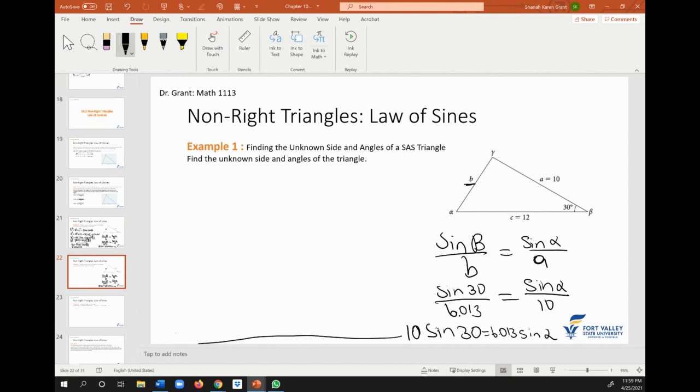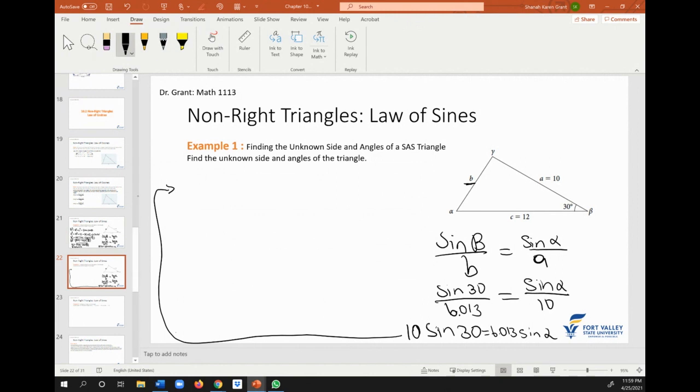Since we want alpha, we can divide both sides by 6.013, so we'll have 10 sine of 30 divided by 6.013, and that will give us sine of alpha. To get alpha, we take the inverse of this.